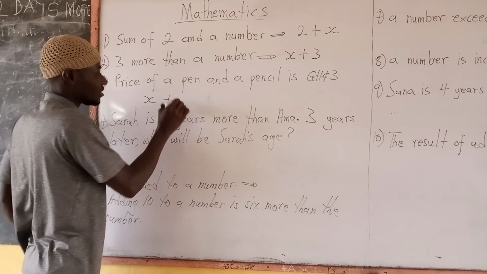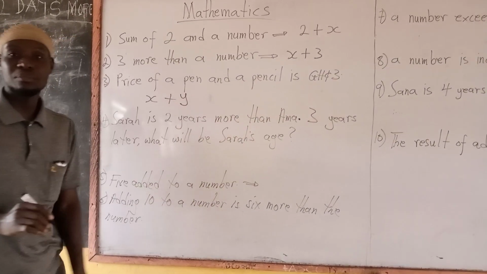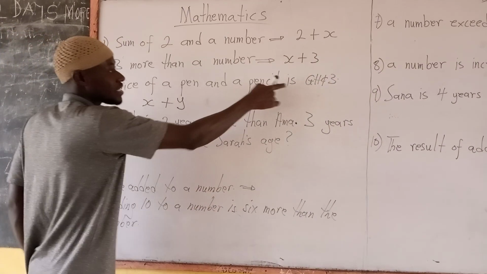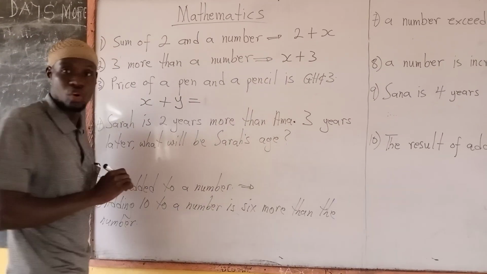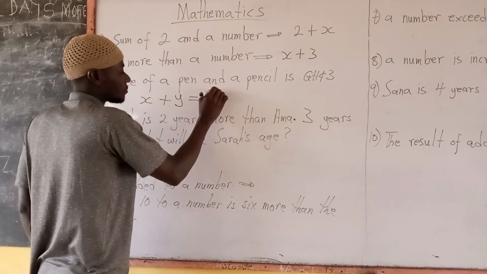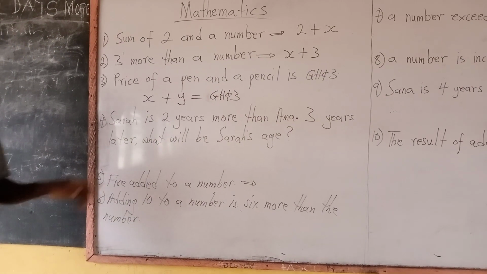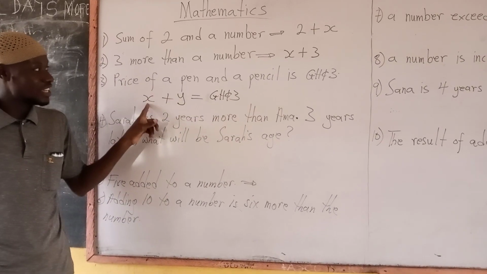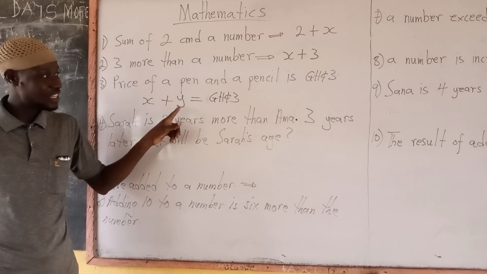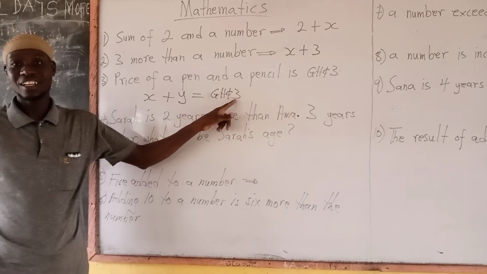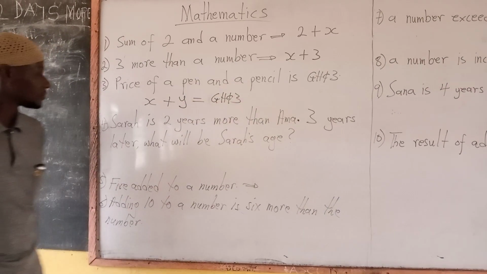And a pencil, let's say the price of the pencil is y. "Is" signifies equal to 3 Ghana cedi. So the price of a pen and a pencil is 3 Ghana cedi.